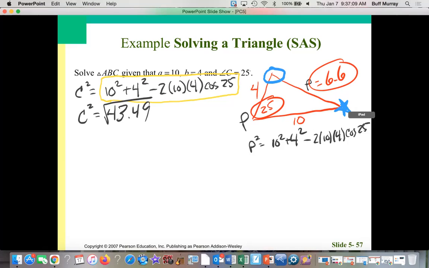Okay. So sine 25 goes with 6.6, the same as sine of the angle B goes with 4. Excuse me, I did that wrong at first, it shouldn't be sine 4. All right, I fixed it. So you always want to take what looks like the smallest angle?